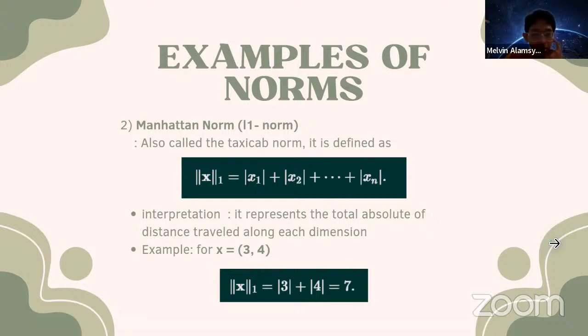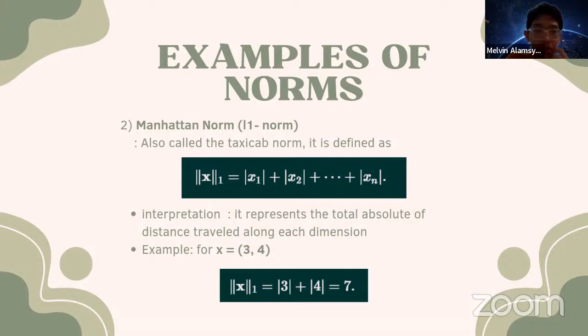And then the second is the Manhattan norm, also called the L1 norm or taxicab norm, which is defined as the norm of x with the parameter 1, equal to the absolute value of x1 plus the absolute value of x2 plus etc. until the absolute value of xn.